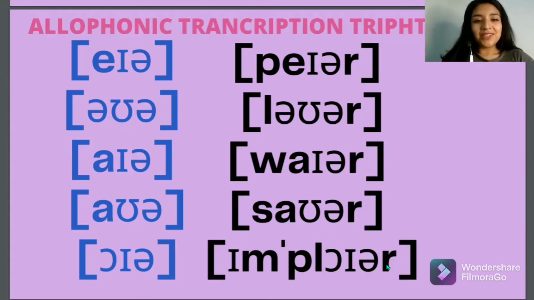Then we have the fourth, that is hour, so the example is sour. And finally, we have the OE sound, which could be in the case of the word employer. So these are the triphthongs in the English language and also the diphthongs that we saw.